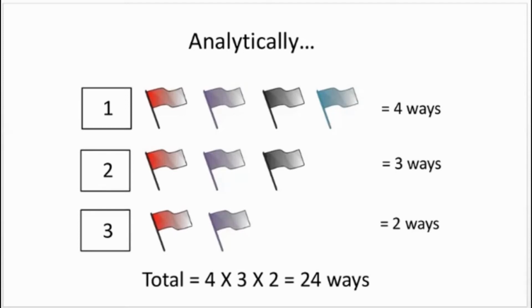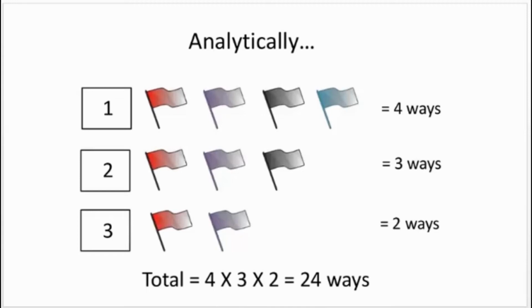So I can choose to fill the second box in only 3 different ways, right? Why? Already 1 flag is allocated to the first box. So the second flag is allocated in the second box.